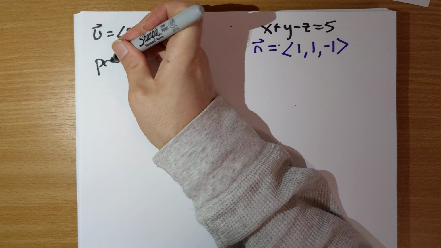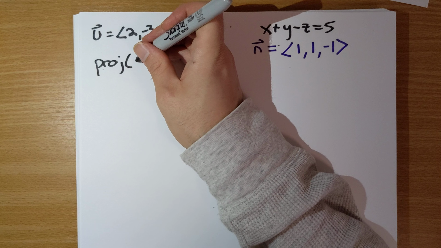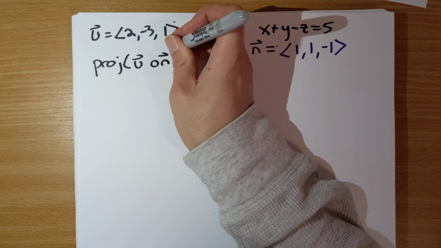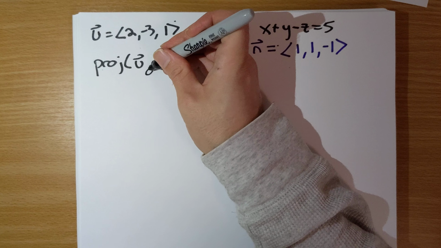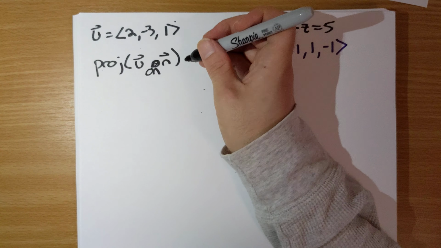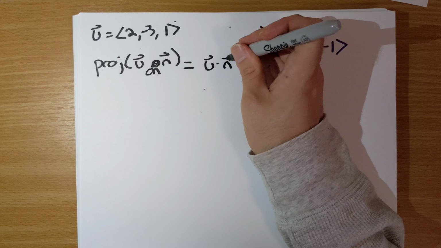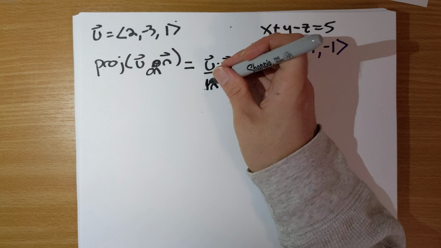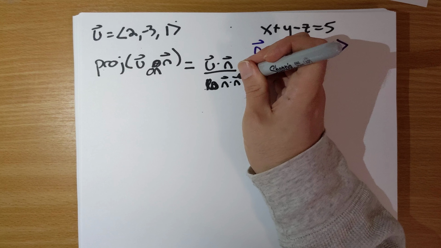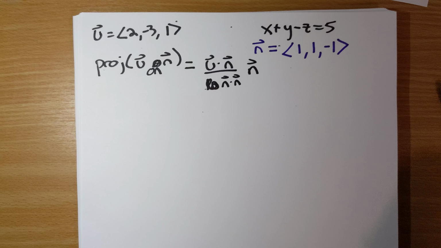So what do we need to do? We need to compute the projection of u on n. That's going to be u dot n divided by n dot n times n.